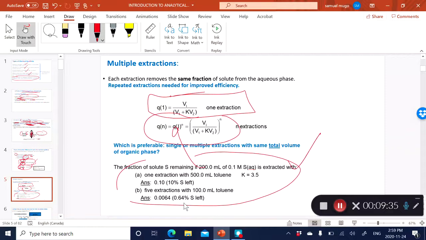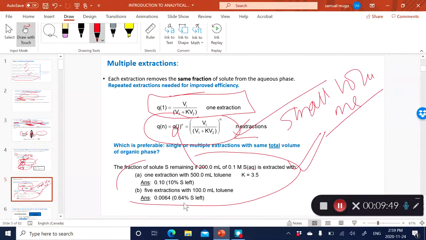So just do these at home, and you're going to realize that when you're trying to do an extraction, it is better to do small volumes of your organic solvent, and you do it multiple times for the extraction. So you actually get a better extraction. I hope that is clear. Very important theory that goes into the practice of doing extractions.